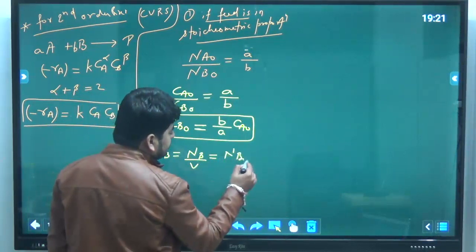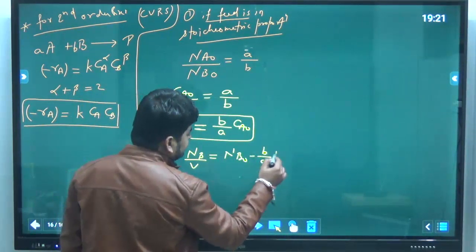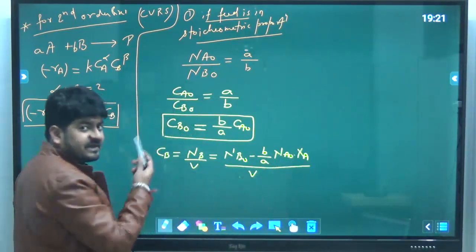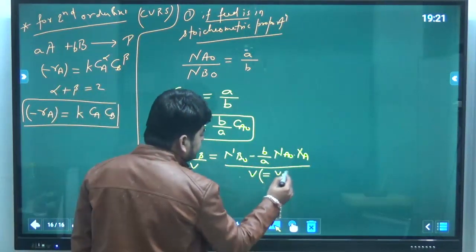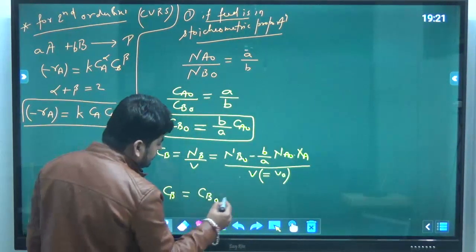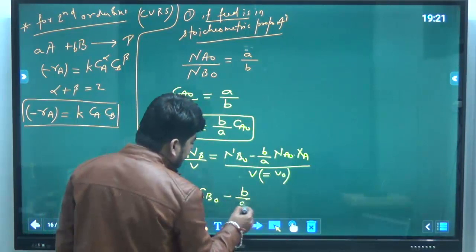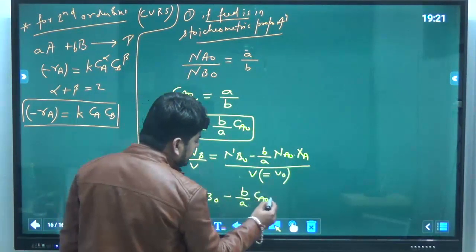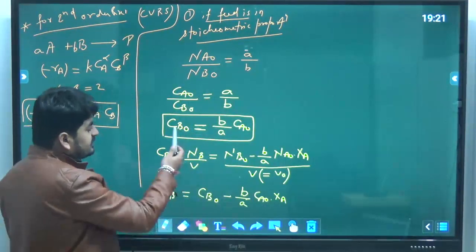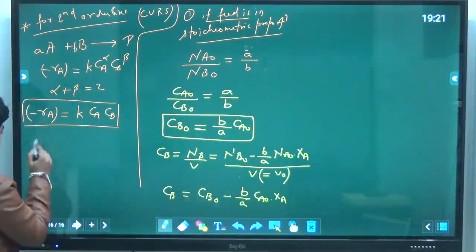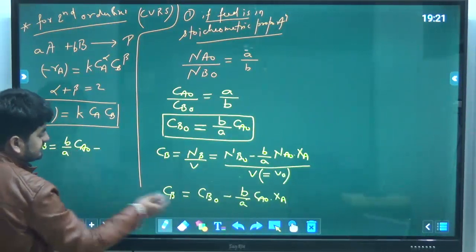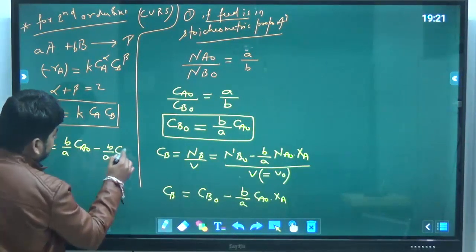Nb is Nb0 minus b over a times Na0 into Xa, upon V. For CVRS, we know that V can be written as V0. So Cb here will become Nb0 over V0 means Cb0, minus b upon a times Na0 over V0 means Ca0 into Xa. Let's put the Cb0 value. So when you put Cb0 equal to this, it will become Cb is equal to b by a times Ca0 minus b by a times Ca0 into Xa.